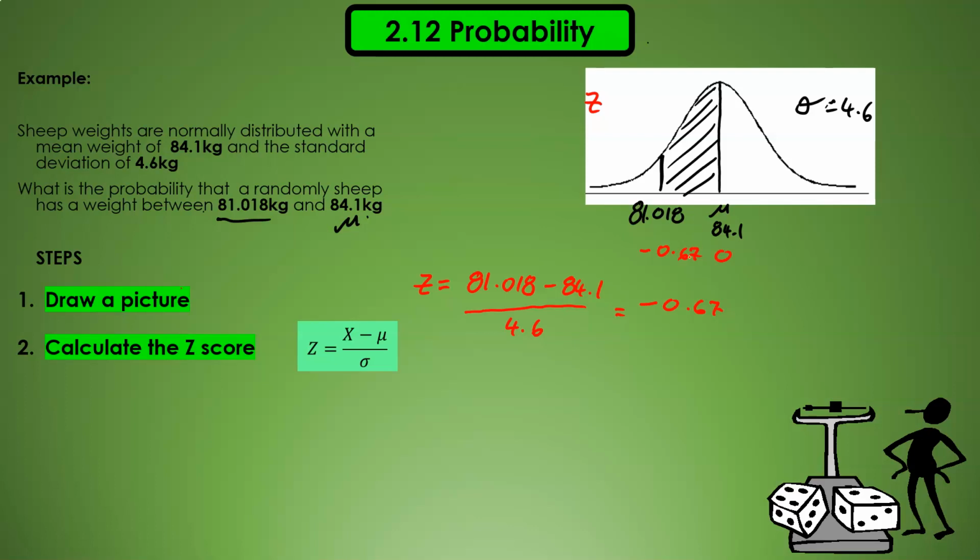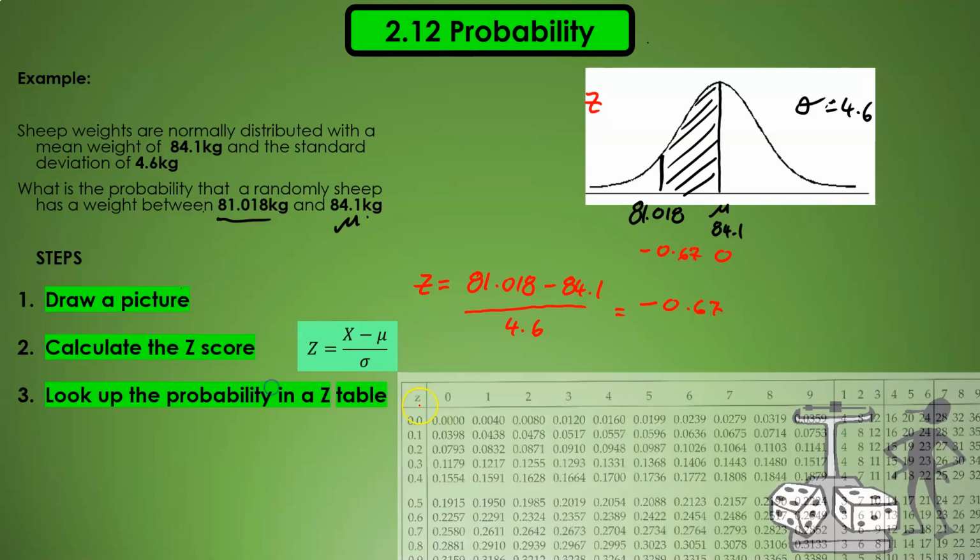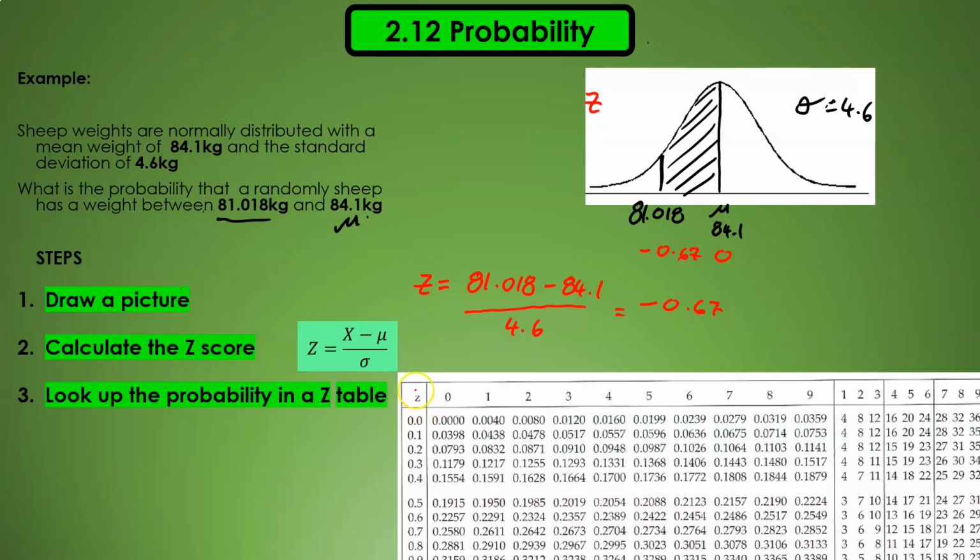Now, that brings us on to the next part, which is looking up in the z table. What we've been dealing with previously is positive numbers. You'll notice that the table doesn't have any negative values. There's no negative z's down this column, and at the top of the chart, it will have our graph with only the right hand side shaded to whatever the z value is.